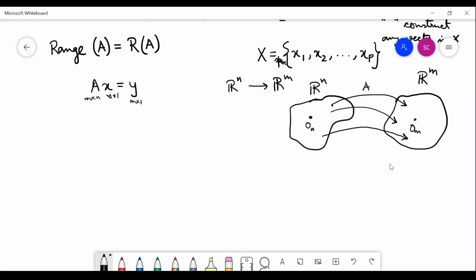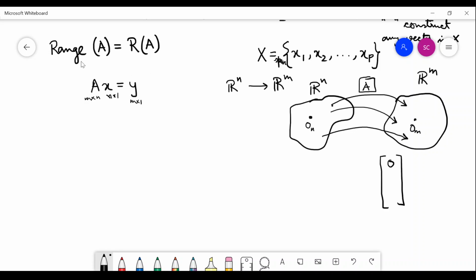How can it happen? It can happen if, suppose for all these vectors, we notice that maybe one of these elements will always become 0. This A is such a matrix that while doing this transformation it makes all the first elements 0 all the time. Then of course it is a vector in the Rm space, but it is also a vector in a lower order space, Rm minus 1.